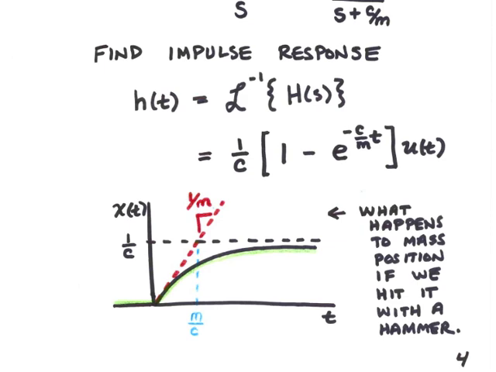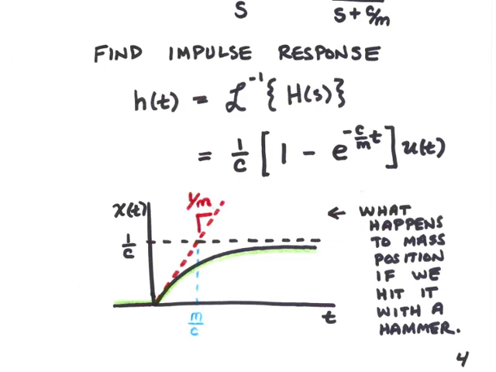We'll now go to our table and find the inverse Laplace transform of h of s, which is, of course, the impulse response, h of t. And that will be equal to 1 over c times the quantity 1 minus e to the minus c over m t times u of t.